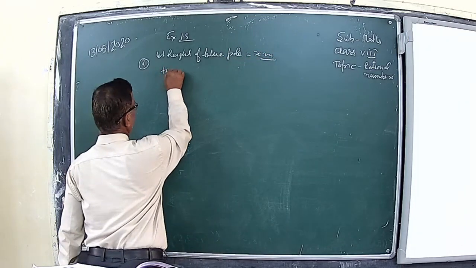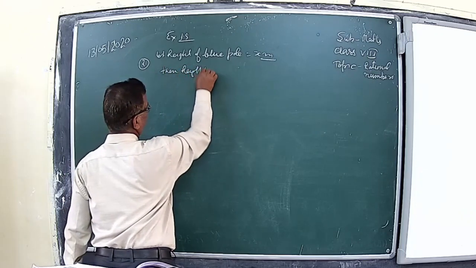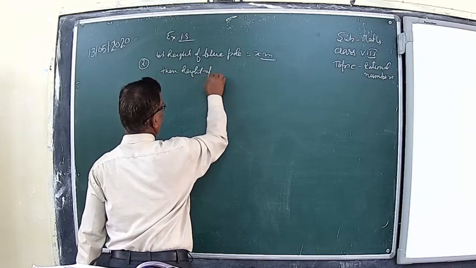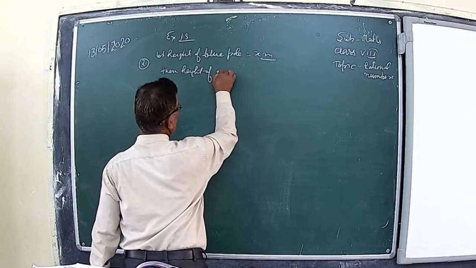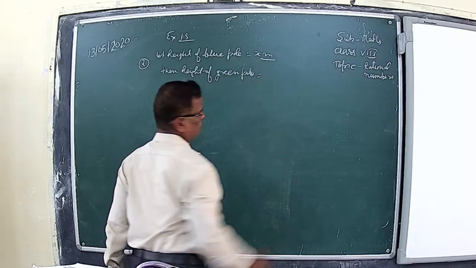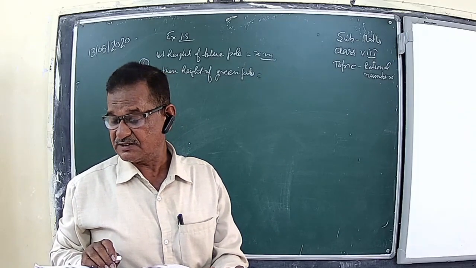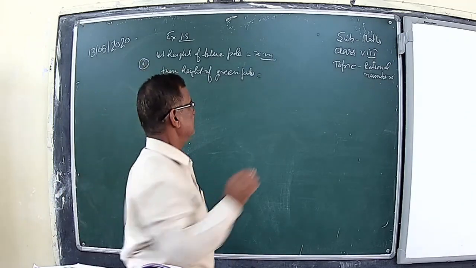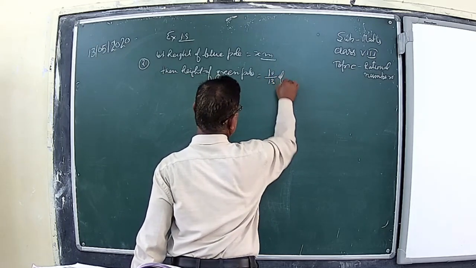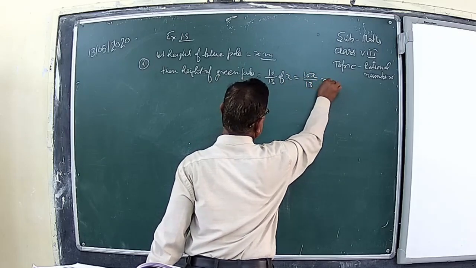Then height of green pole is equal to 10 upon 13 of the height of blue. That is 10 upon 13 of x, which is equal to 10x by 13 meter.